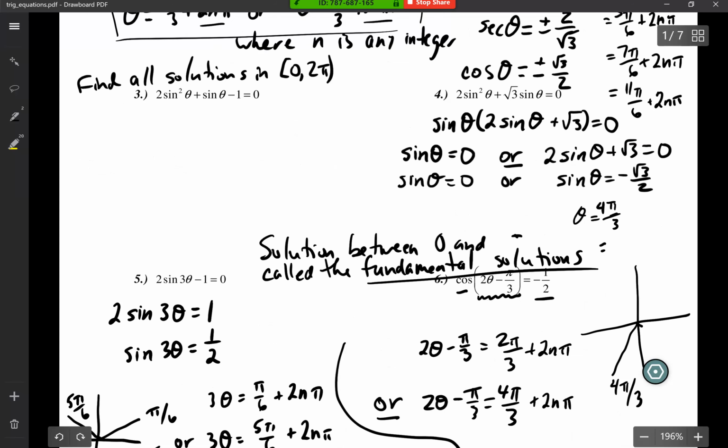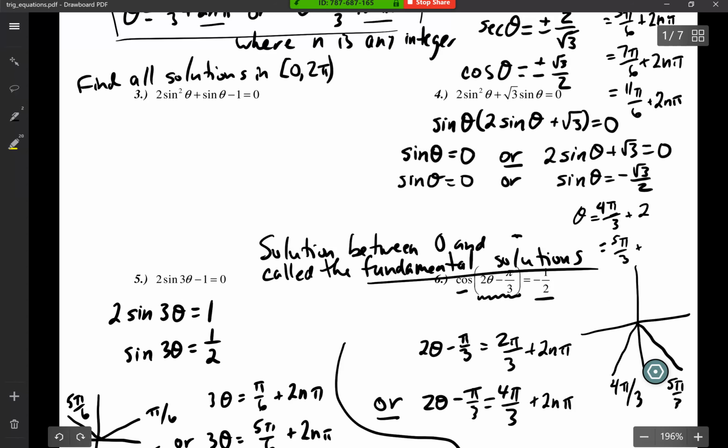The 4 pi over 3 is here. The other one would be over here. So we just need to add another pi over 3 to get there. So this one's going to be 5 pi over 3.